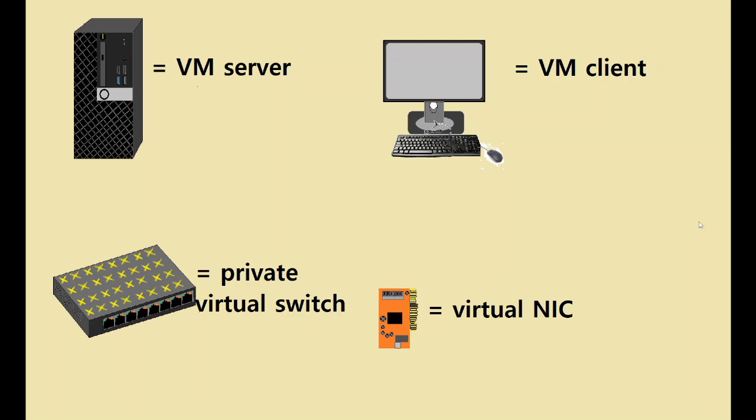And then on the bottom left, those are the private virtual switches. There's going to be 3 of them, because there are 3 subnetworks. Each domain in our forest is a subnet of 172.16. And then you have your virtual NIC there, the orange icon.